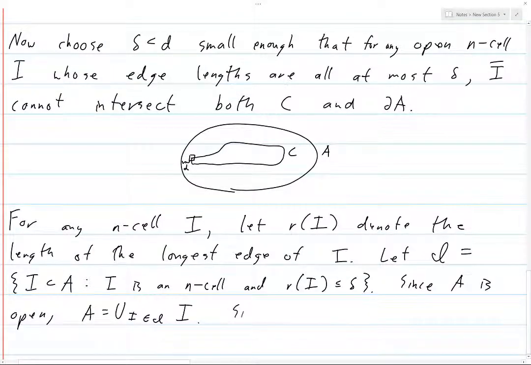Since C is a subset of A, script I is an open cover of C. Now you should be able to see what we're going for.